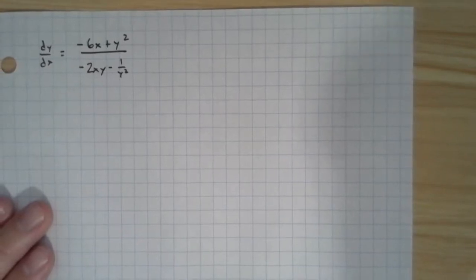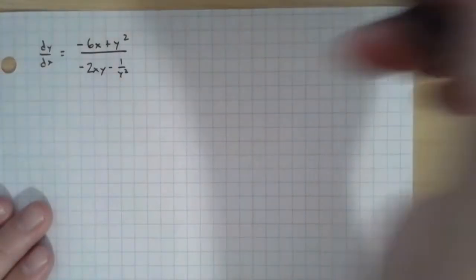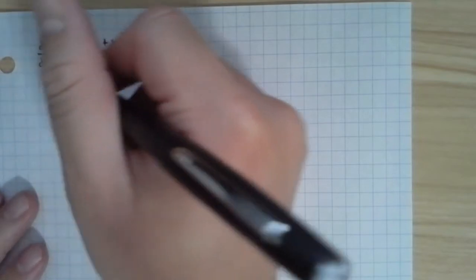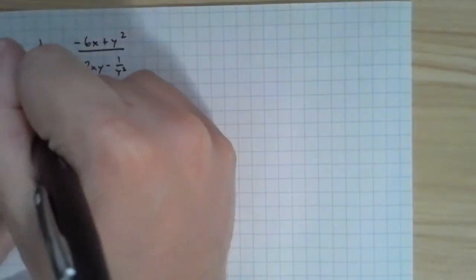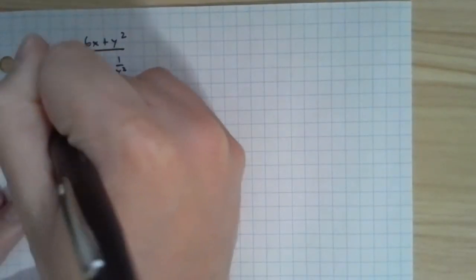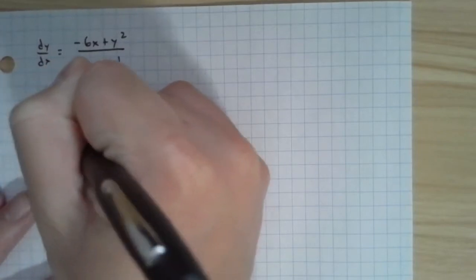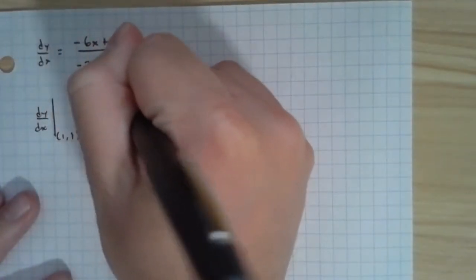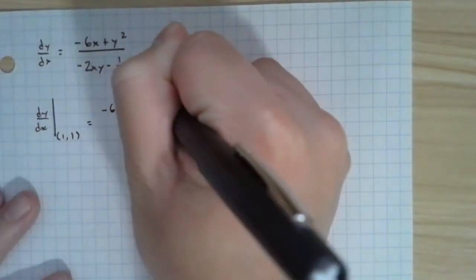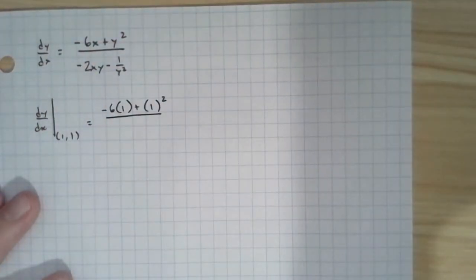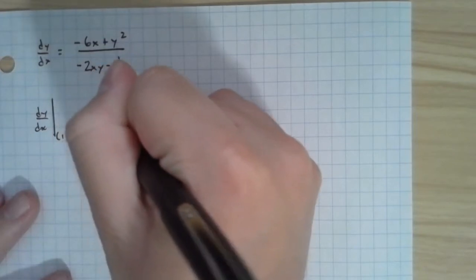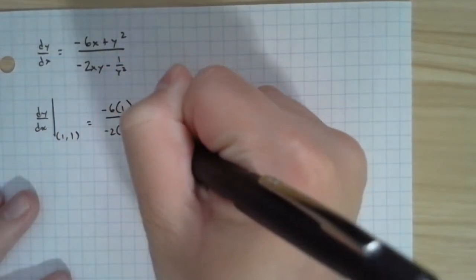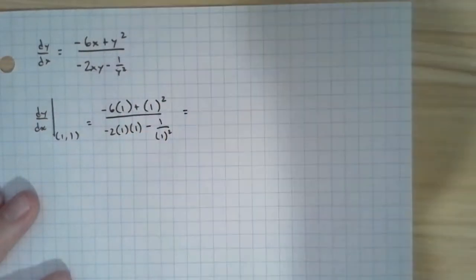Okay, and if I do that, you could say dy dx at 1 comma 1, right, you start plugging in negative 6 times 1 plus 1 squared all over negative 2 times 1 minus 1 over 1 squared.